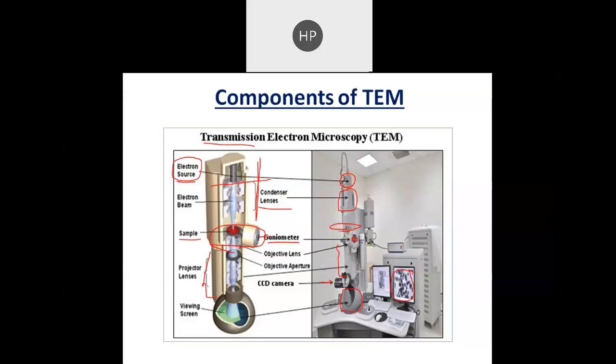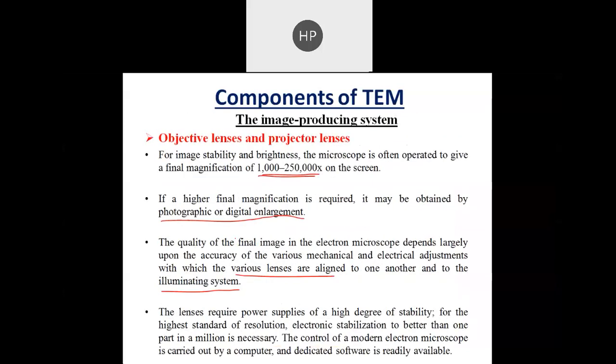That's why it is very important that we adjust the condenser lenses and movable lenses, as well as the specimen, by moving it mechanically or electrically, in such a way that the beam is aligned, so that it will give us a magnified image.